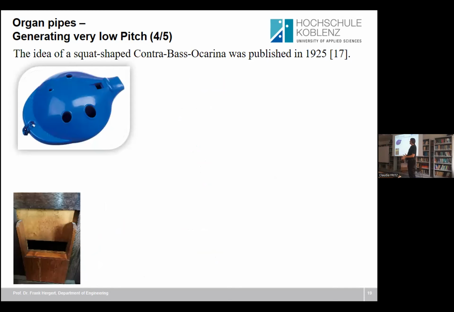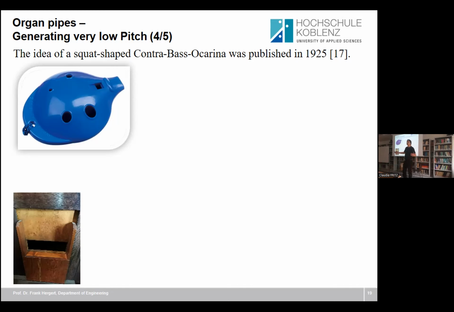Other option, you might know this turtle-like thing. This is an ocarina, small flute, based on the principle of a Helmholtz resonator. And if you build this in very large scale, you get, I would say, a contrabass ocarina, which was patented 1925 by Compton. This is the pipe mouth.